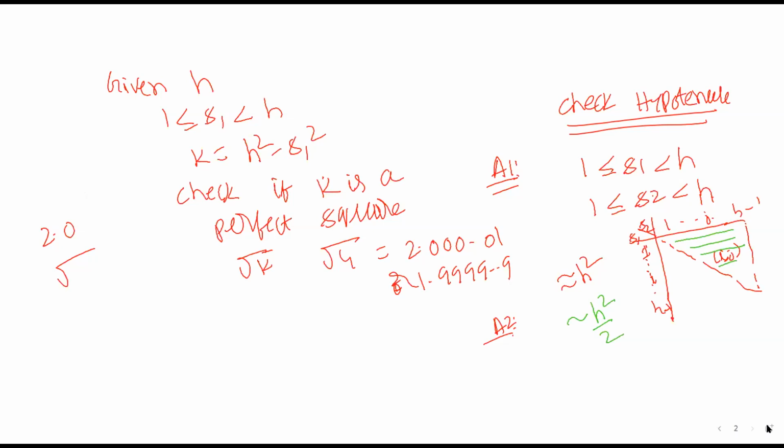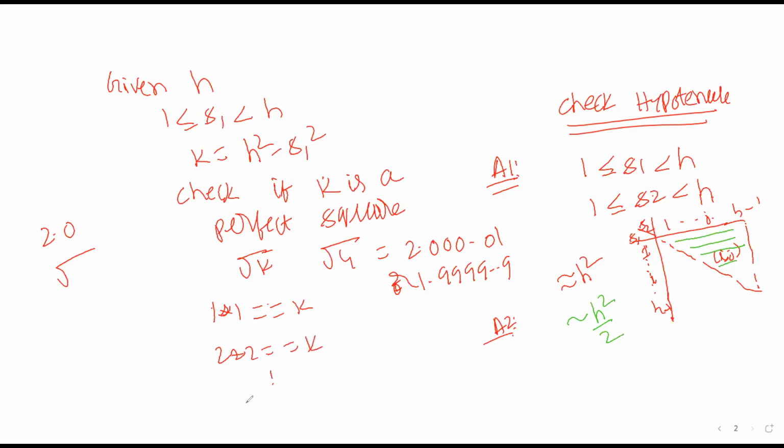So checking square, what do I say? Yeah, so one way of doing it is we check if 1 star 1 is equal to k, 2 star 2 equal to k.